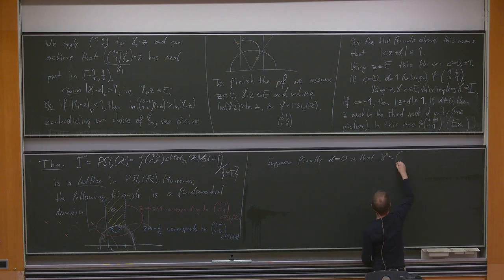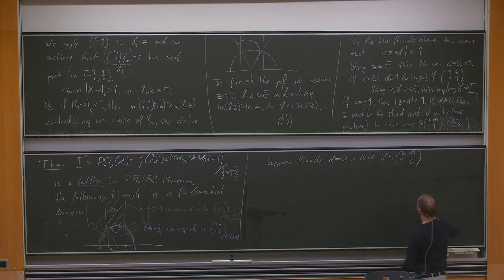So gamma is equal to, we know the C, which is 1, and we know the D, which is 0, and then we have an A and a B, except that the B we now also know, the B needs to be minus 1, because otherwise the determinant would be incorrect. Okay?